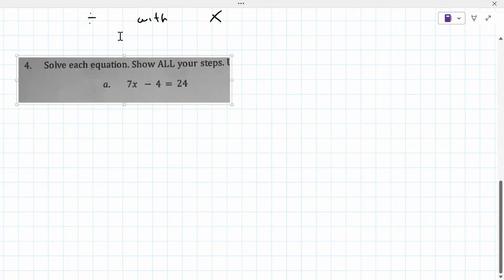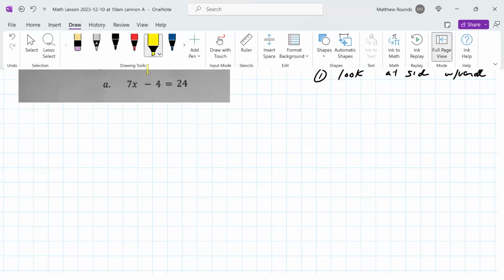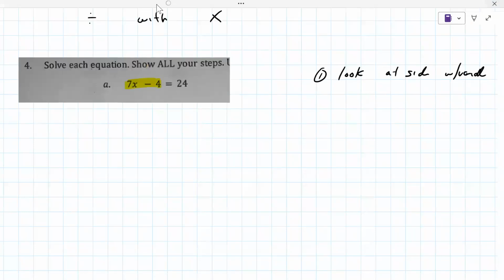So this equation, you first look at the side with the variable. So the variable's on the left side. So you look really hard at the left side, and you say, okay, what do I see? 7 is multiplying the x, and this is subtraction by 4.